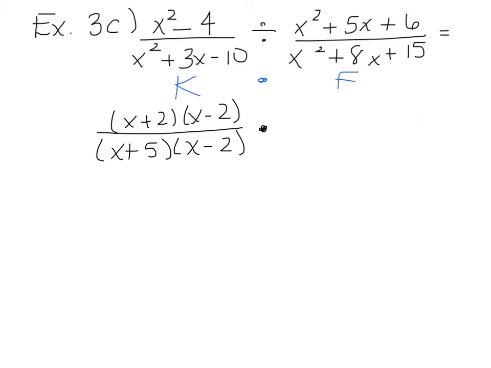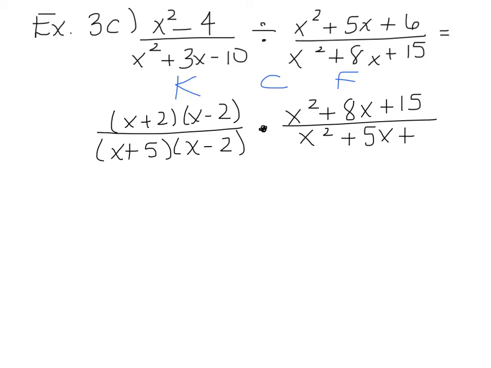That's keep, change, flip. And in the second fraction, you're going to actually flip it. That means do the reciprocal. So after you flip it, then you can factor it.